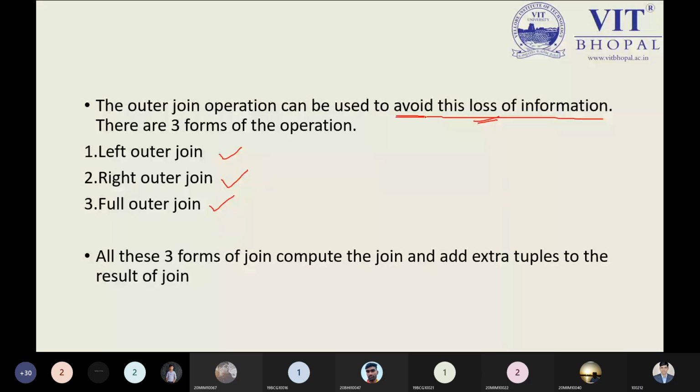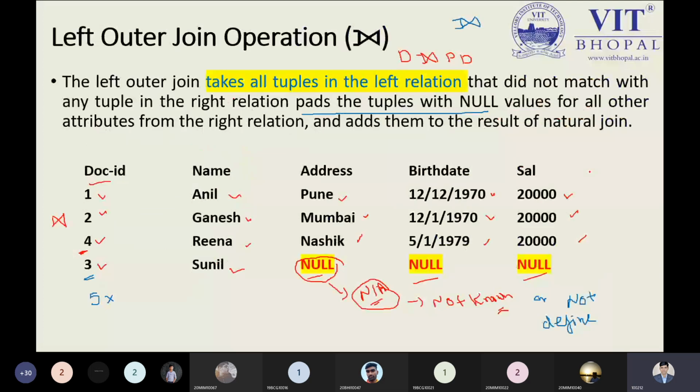Okay, and here we have an example. In this example, you will be able to read some information. I am explaining once again. Left outer join will take all the records lying in the left relation that did not match with any tuple in the right relation, and the rest will be padded with null values, which are not available inside the left relation.